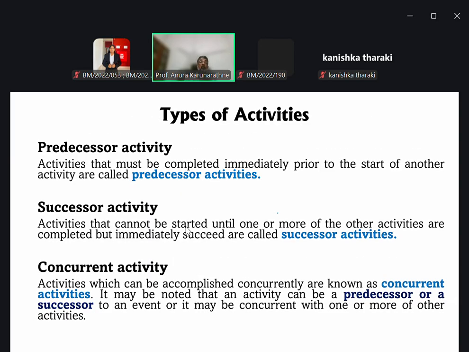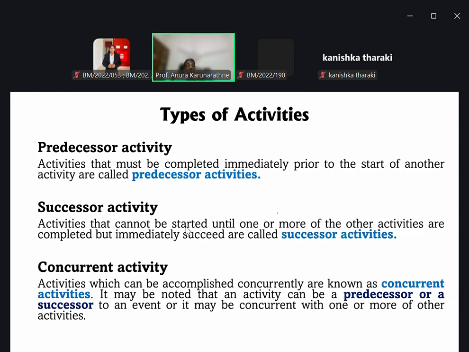Then next one, predecessor activity. That is predecessor activity I already mentioned. That is also an important activity that must be a predecessor activity or the immediate predecessor.